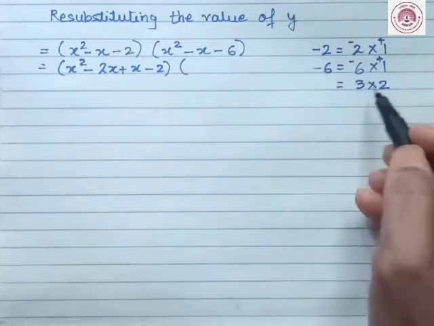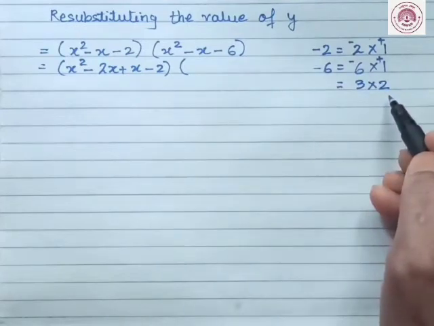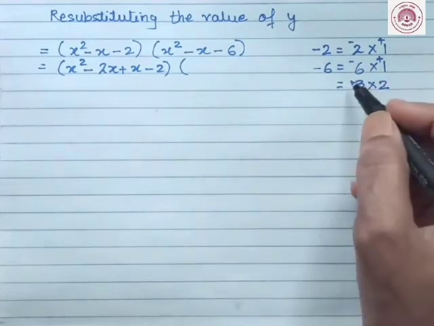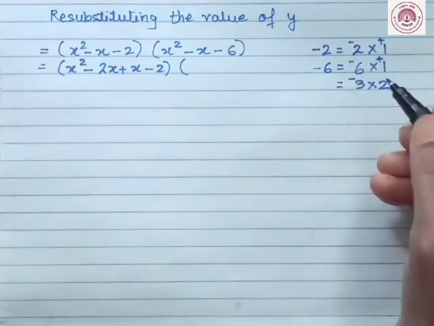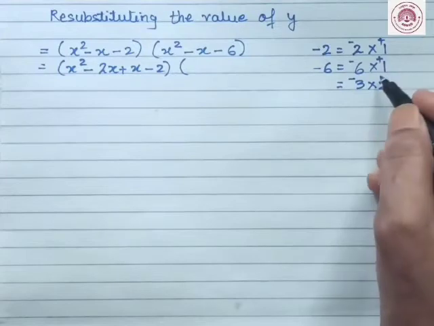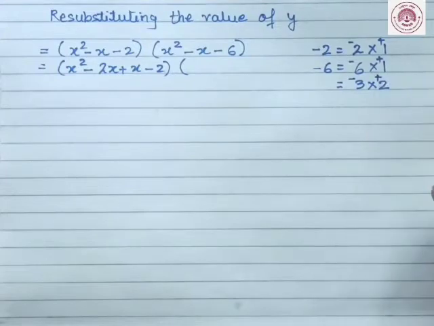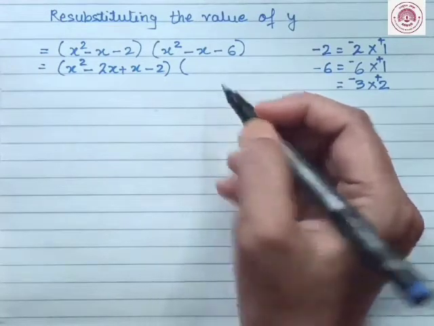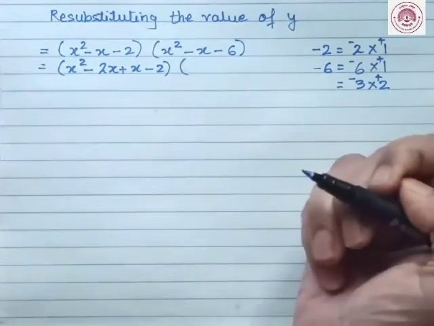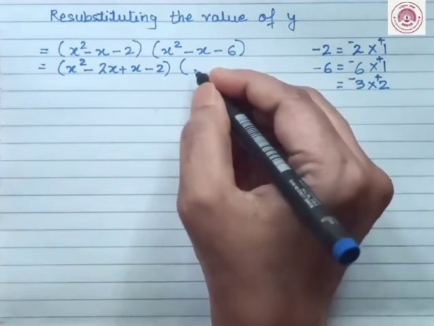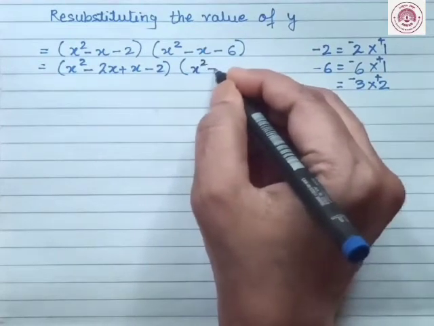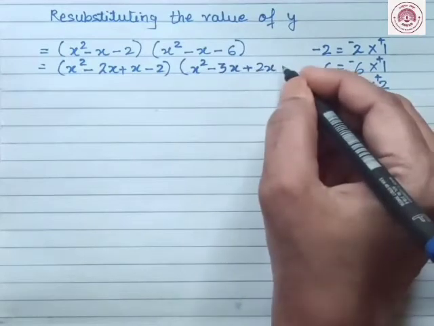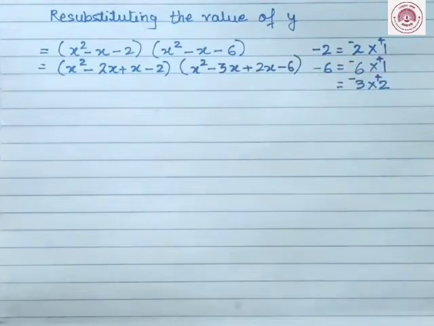Here we can take the second pair because we want −1 in the middle. The greater number will carry the negative sign and the smaller number will carry the positive sign. So let's factorize the second polynomial: x² − 3x + 2x − 6.